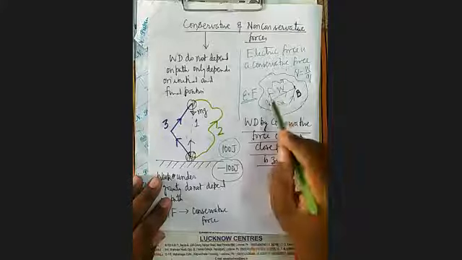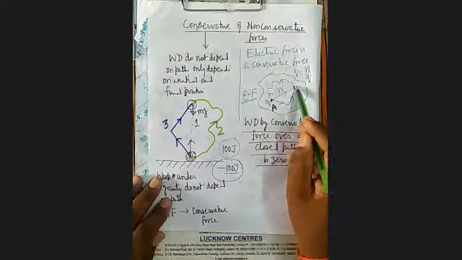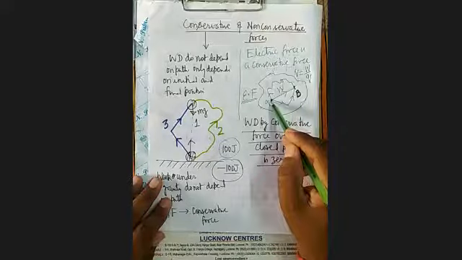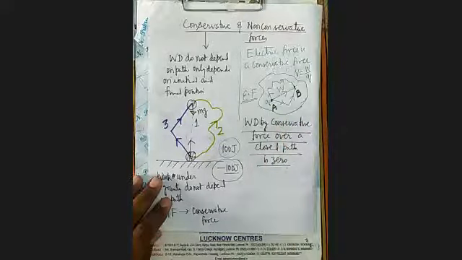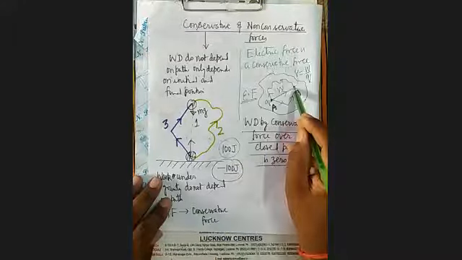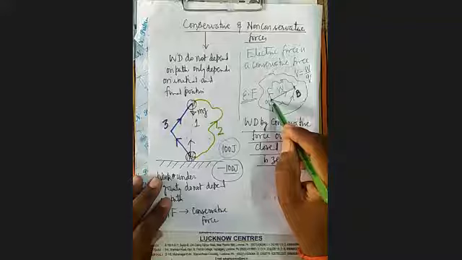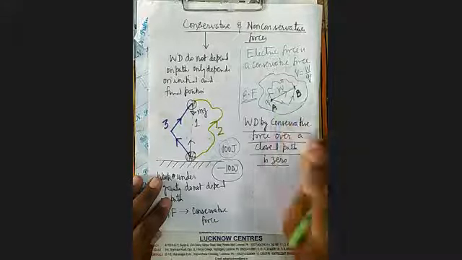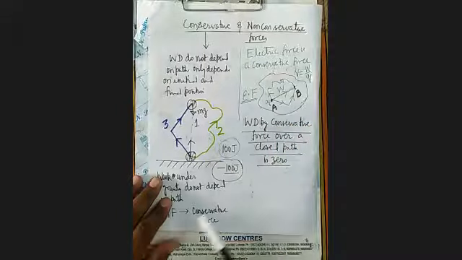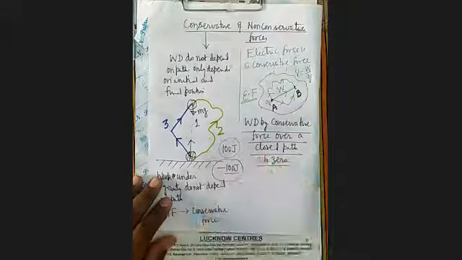So if carrying from here to here, plus 100 joule work is done, then carrying from here to here, minus 100 joule work will be done. Here you will do the work against the electric field. When you are carrying it in this direction, work will be done by the electric field. So these are the two examples of conservative forces.